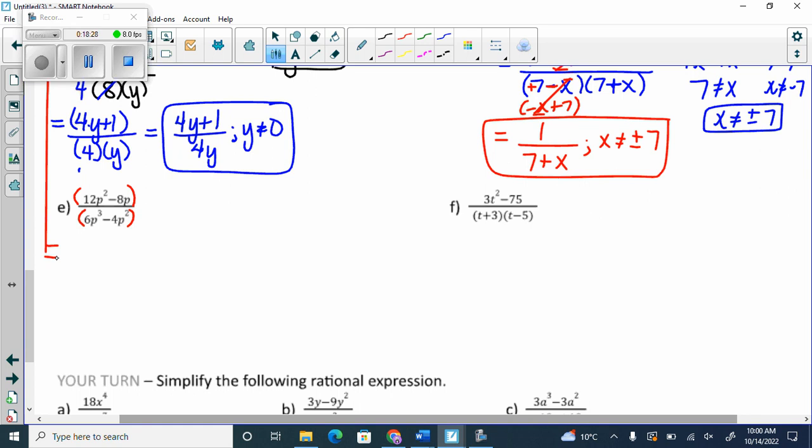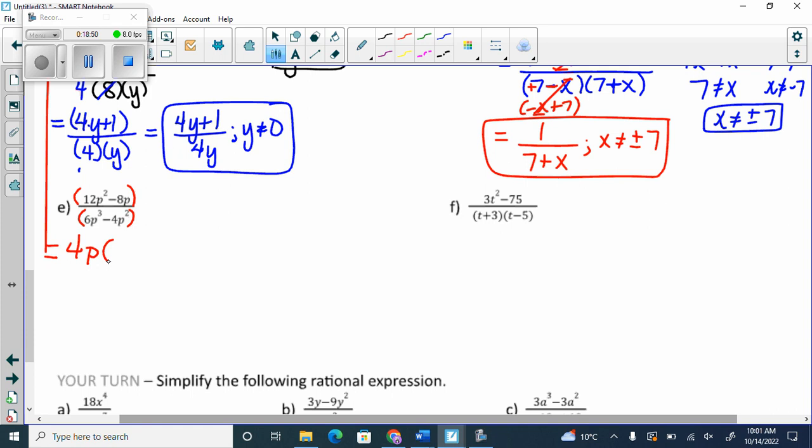Now I look here. In the numerator, what can I take out of the numerator? 2p. 4p. 2 was working. We just needed 1. So we can take out a 4p. Just for the numerator, not overall. Yeah.